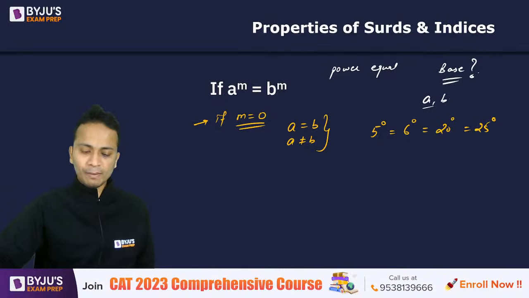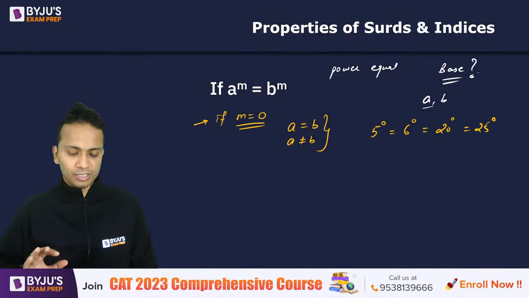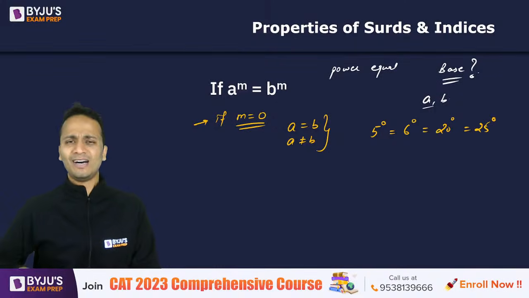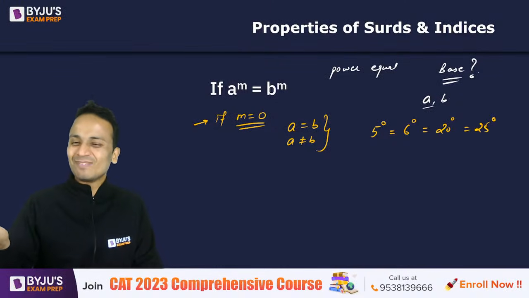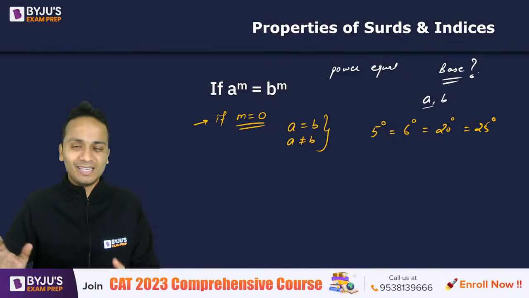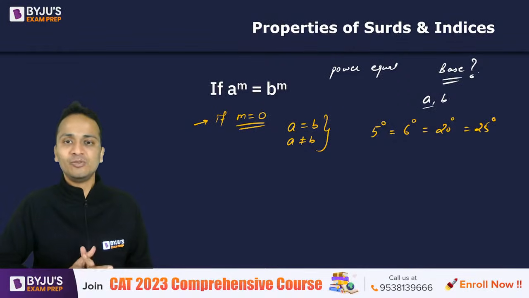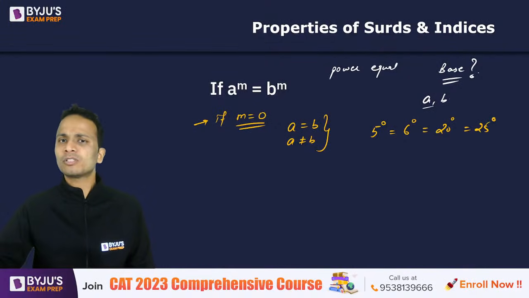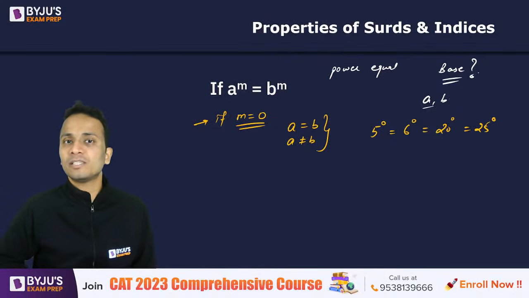Okay, so if the power is 0, Arjun, we are asking this topic comes under arithmetic or algebra. Arjun, first of all, is there any difference between them? No, there is no difference, but still I'll tell you that in some books you will find this chapter under algebra, and in other books they may keep it under number systems.